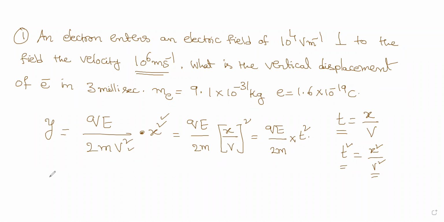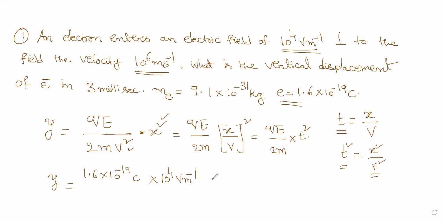So let's plug that in. What is the charge of the electron? That is 1.6 into 10 to the power of minus 19 coulombs. Now what is the electric field we have? 10 to the power of 4 volt per meter, which is another unit of electric field.